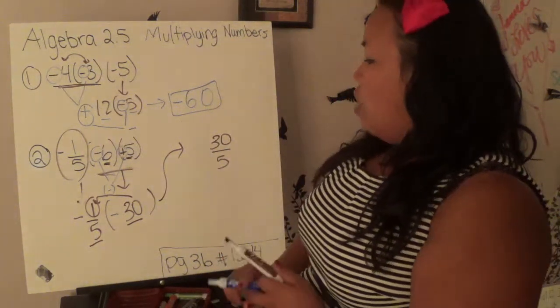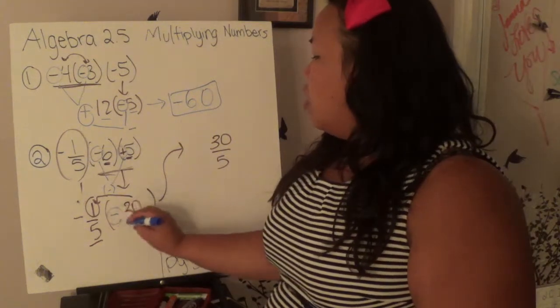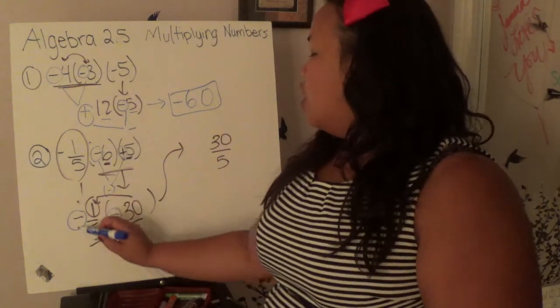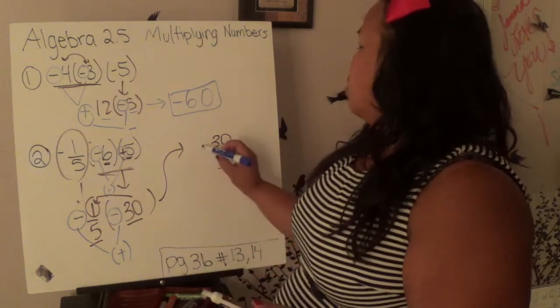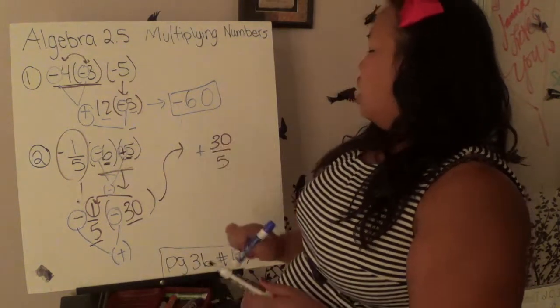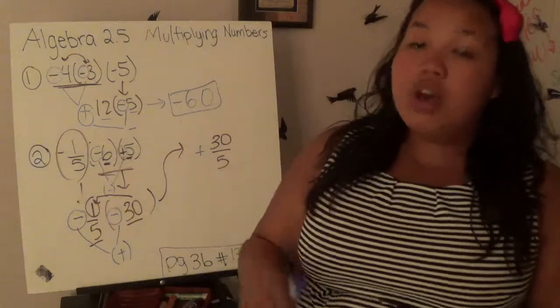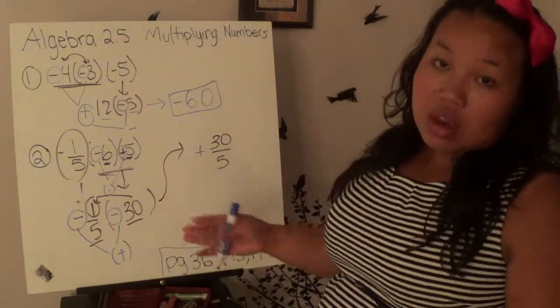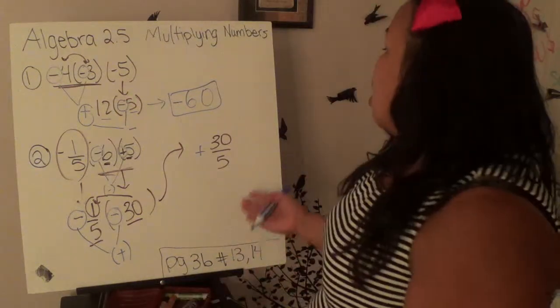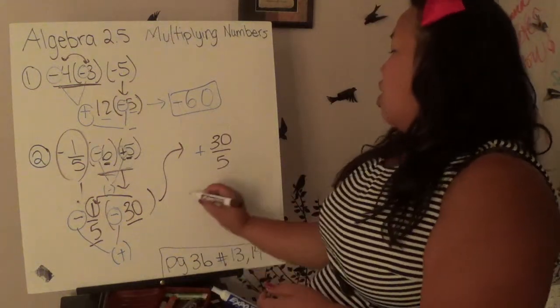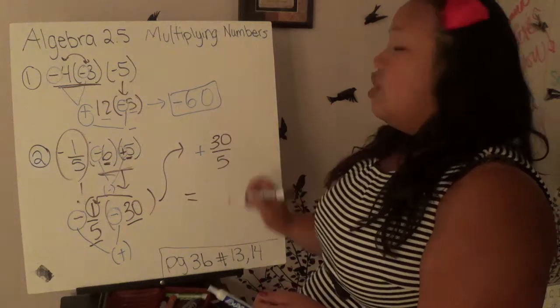Okay? Now, this is a -30 and this is a -1/5. These negatives then give me a positive. So this would be a positive 30 over 5. Now again, if it's positive, I don't have to have the plus sign there. I'm just doing it to show you so that when you go back to your notes, you can understand it. So then finally, our last step is to do 30 divided by 5.